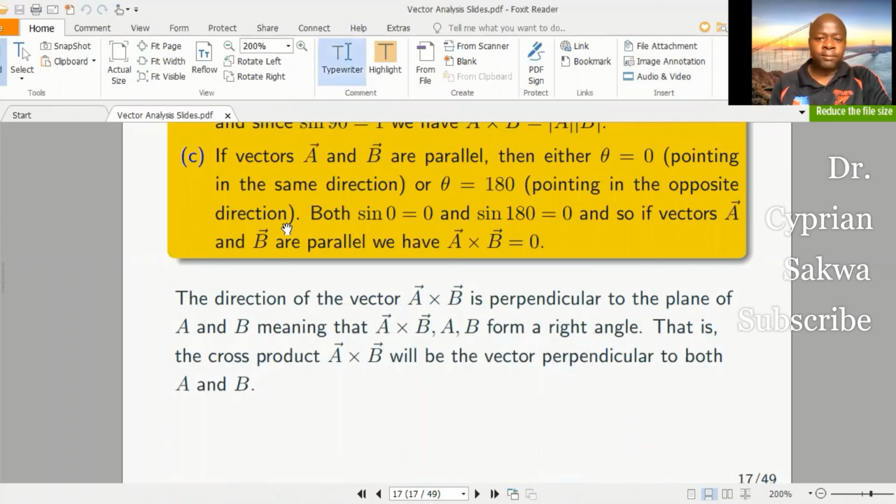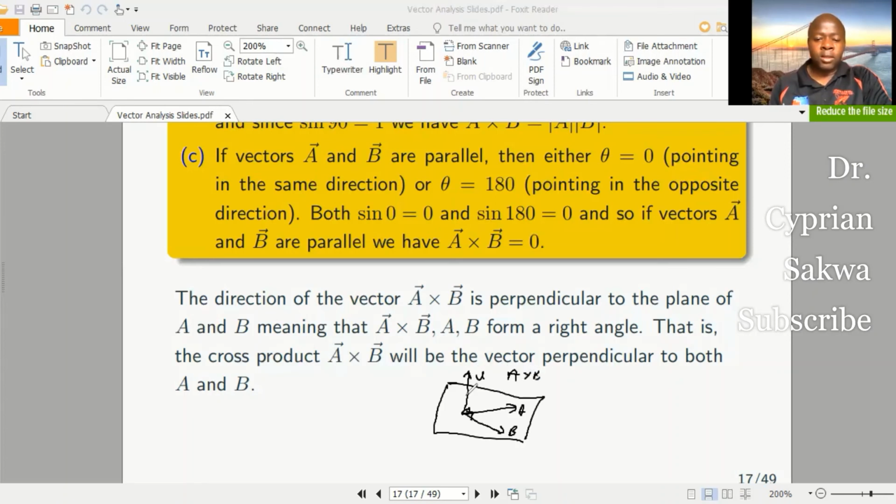So what I mean is that supposing this is a plane, and we have vector A and vector B. So this is vector B and this is vector A. The direction of the cross product will be perpendicular to both of these two vectors. So this will be the direction of the cross product, A cross B.